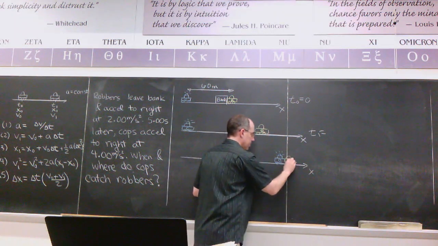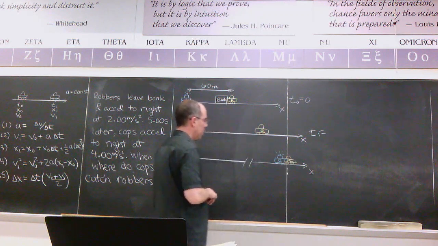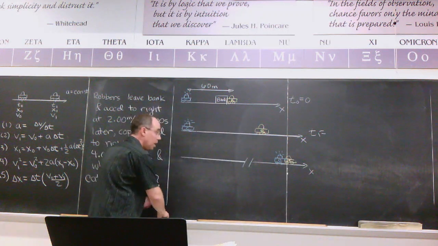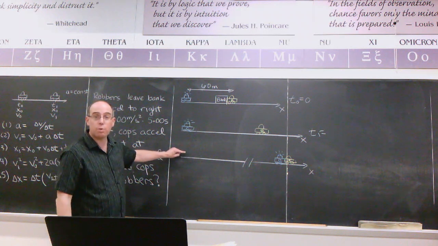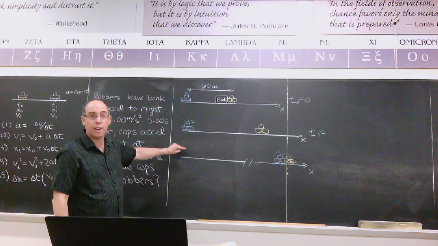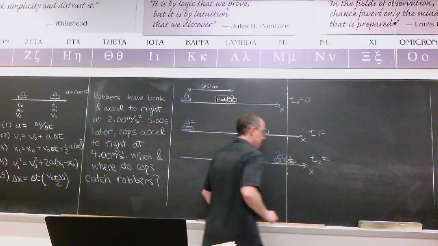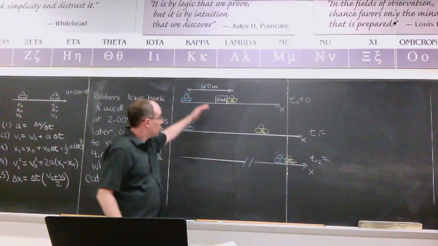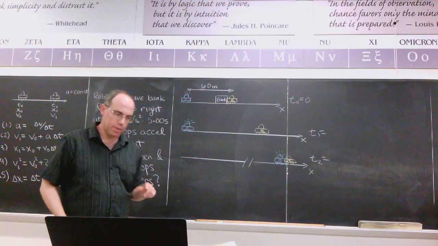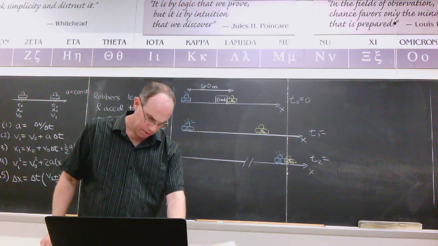Okay? And this moment here where the cops catch the robbers, let's call that time t2. At that point. Okay? So we've identified and numbered the moments of interest. That's step 3 on your handout.